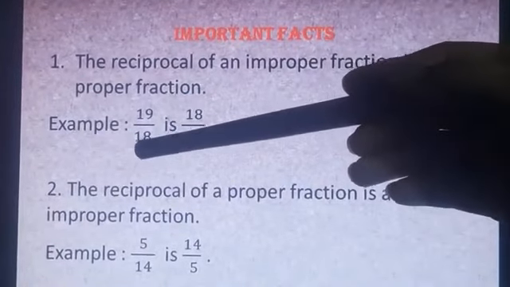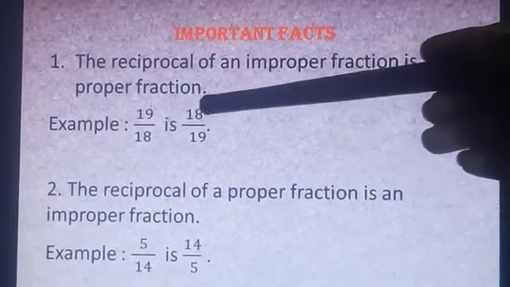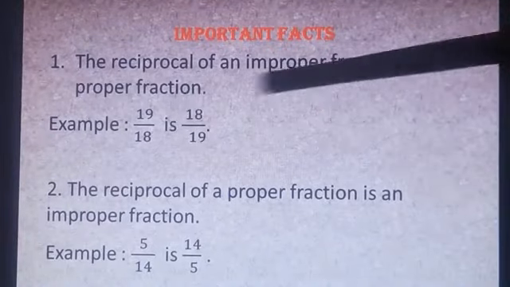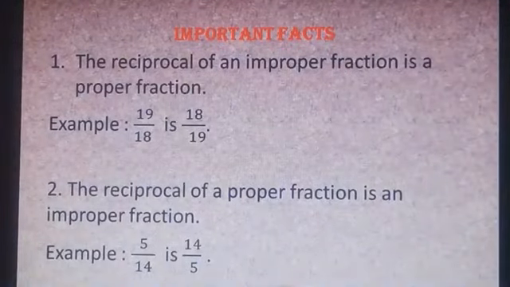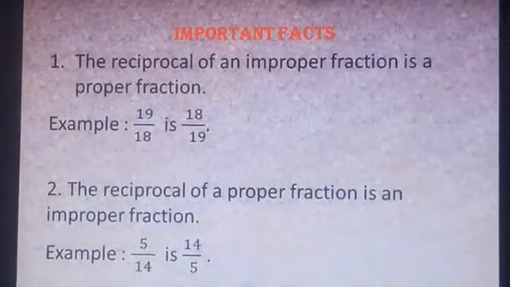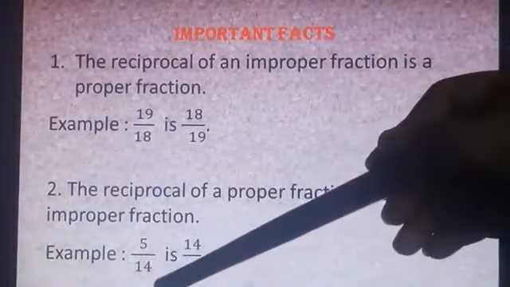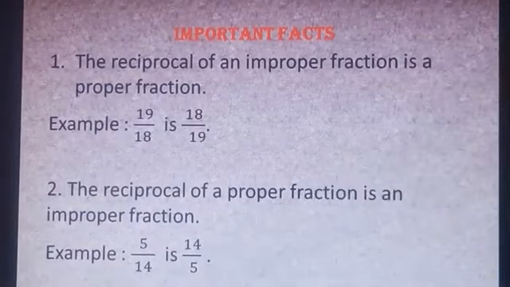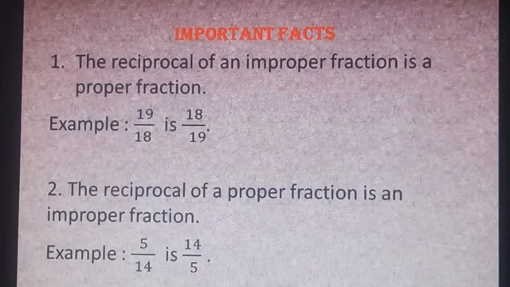When we take the reciprocal, 18 will become the numerator and 19 will become the denominator. And now it has changed into a proper fraction. Right? Similarly, the reciprocal of a proper fraction is an improper fraction. 5 upon 14 is a proper fraction. Its reciprocal will become 14 upon 5, which is an improper fraction.